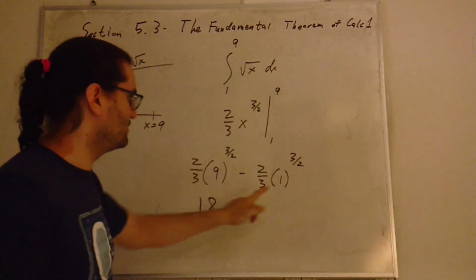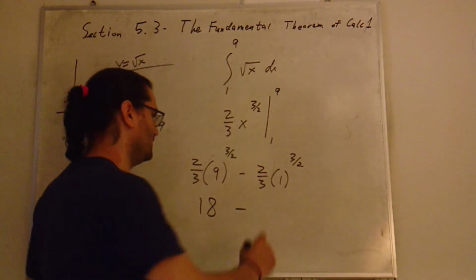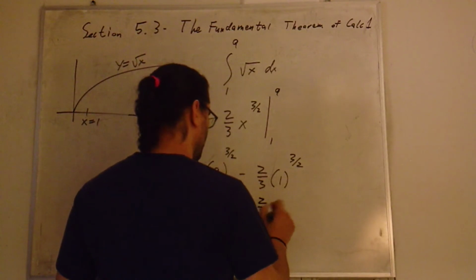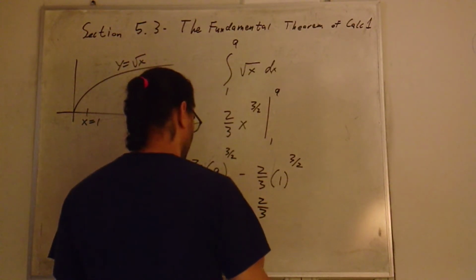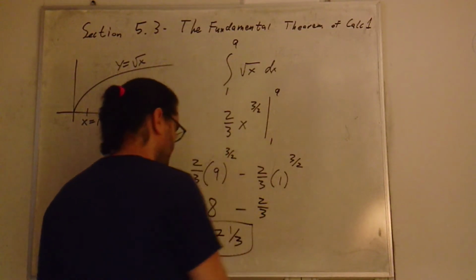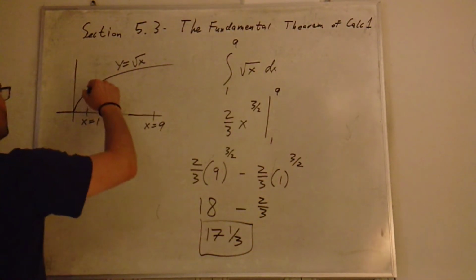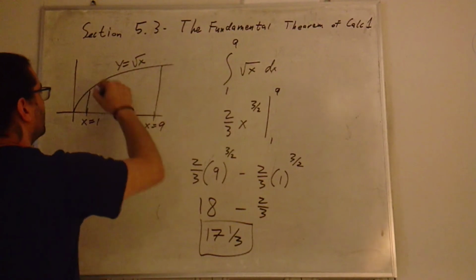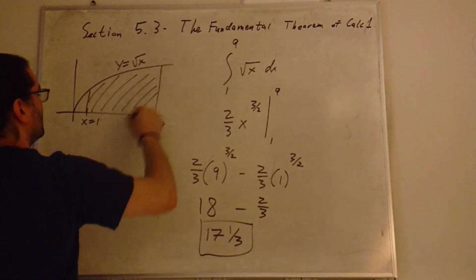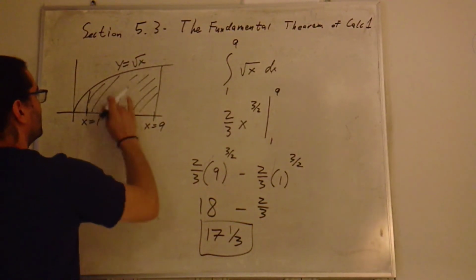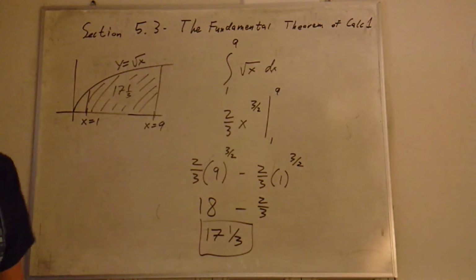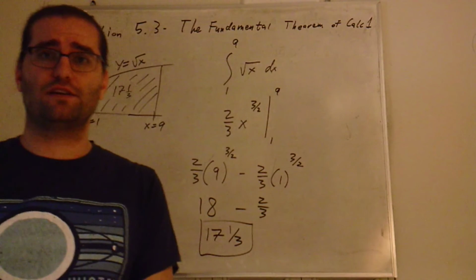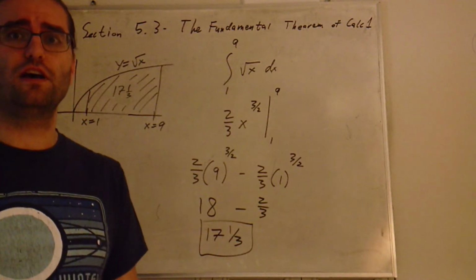Minus 1 to the 3 halves is just 1, so it's 18 minus 2/3, and you get 17 1/3. That's this area. Now you know exactly how much area is underneath a square root graph.